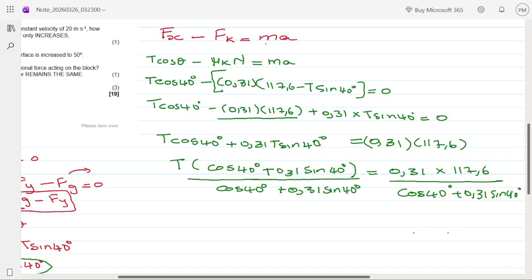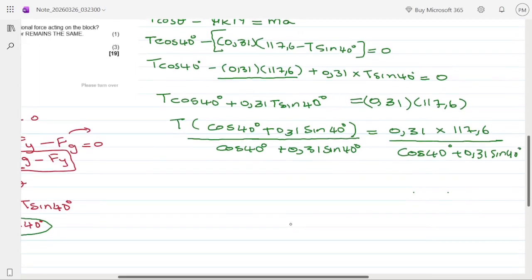Meaning that when you punch this on the calculator, we should get T, because these two terms cancel. So let's see what we get as the tensional force.